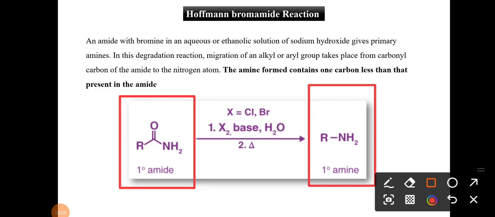And a very important thing in this reaction, what is the intermediate? That is the isocyanate, right? Because the primary amine is formed after hydrolysis of the isocyanate, so the amide is converted into the amine. So what is the reaction? The Hofmann bromamide reaction. That reaction is very important, guys.